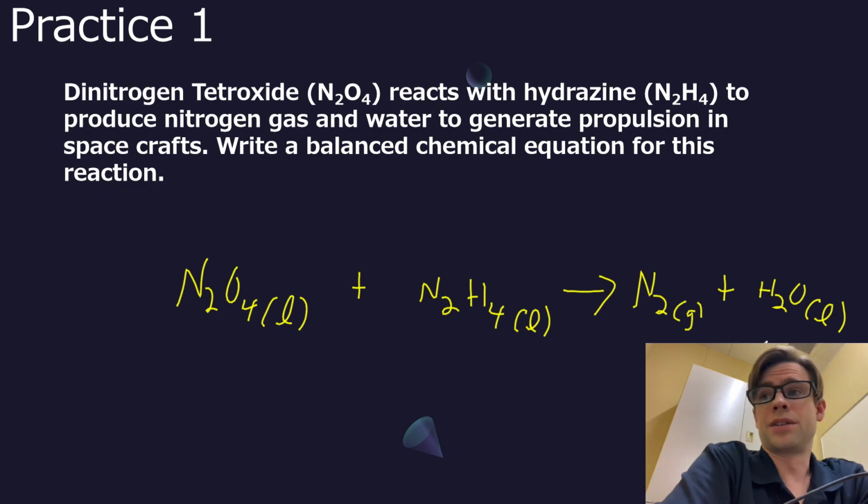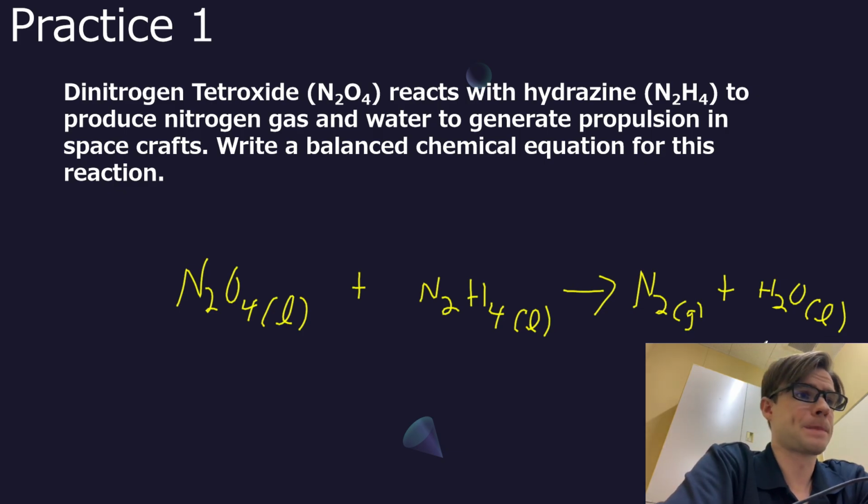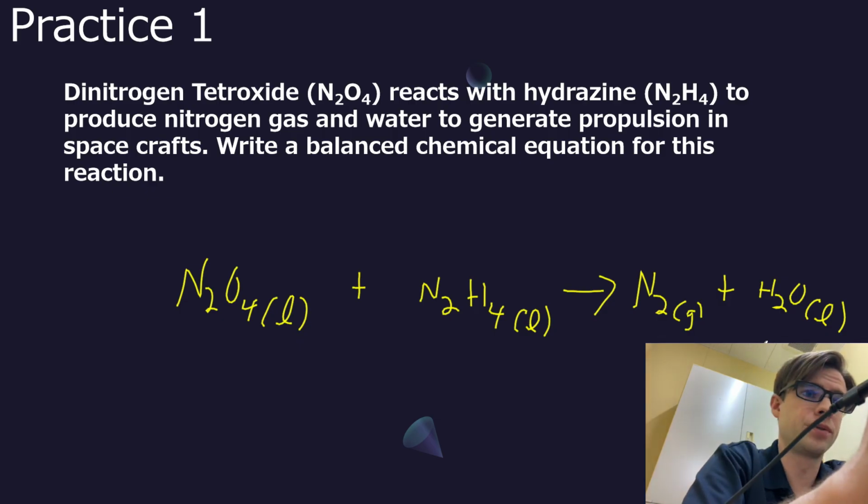So how to balance this? Well, look at our nitrogens here. We've got at least 4 on the left side. So we're going to need at least 2 N2, but possibly more than that. We are going to need at least 4 H2O over here for sure.